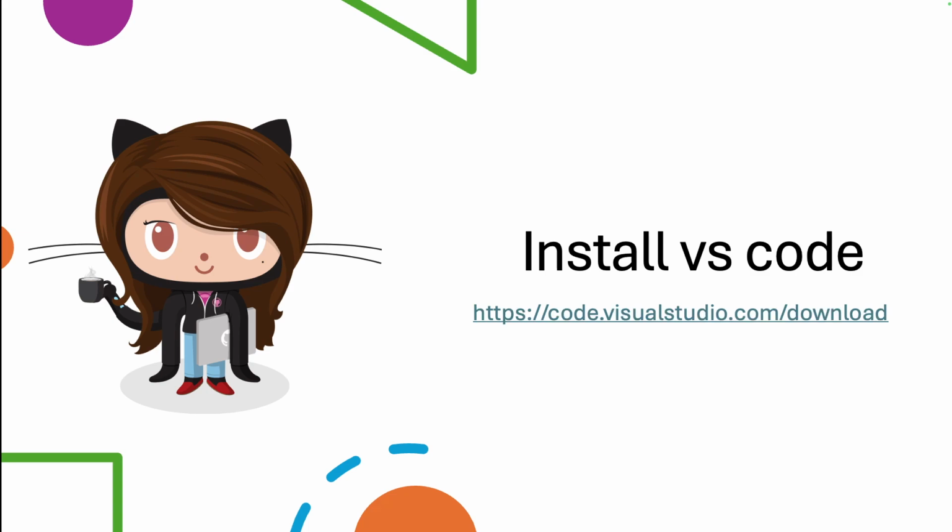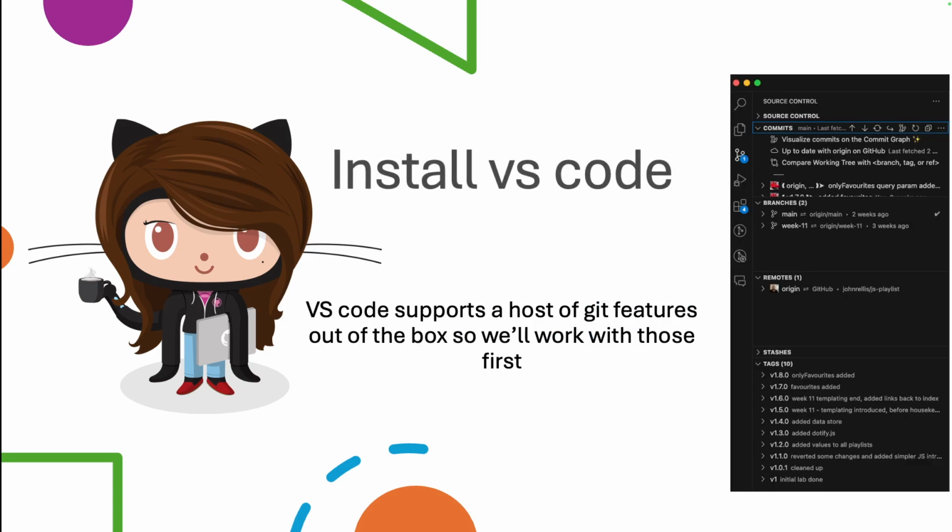And now you should download and install Visual Studio Code if you haven't already. VS Code supports a host of Git features right out of the box. There's the Microsoft connection with GitHub. You don't have to install any extensions for Visual Studio Code to make Git a little bit easier. What I'm showing here on the right hand side is just a quick view of the Git options within VS Code as is the default.